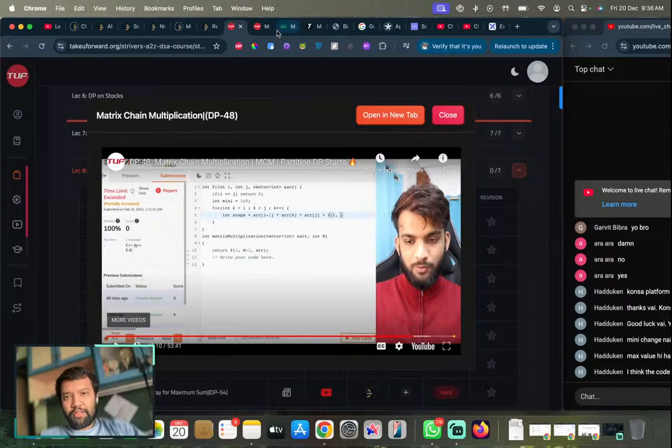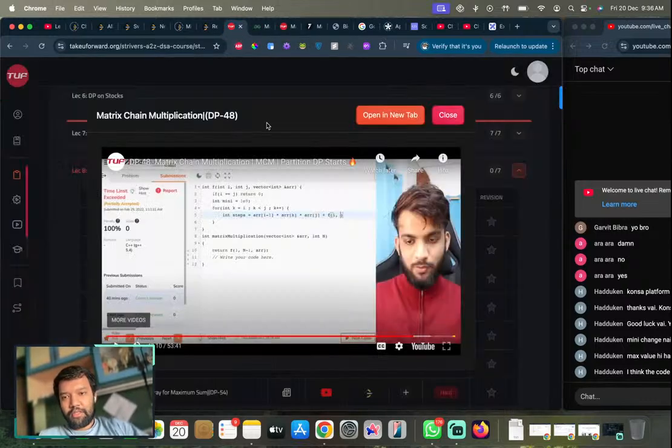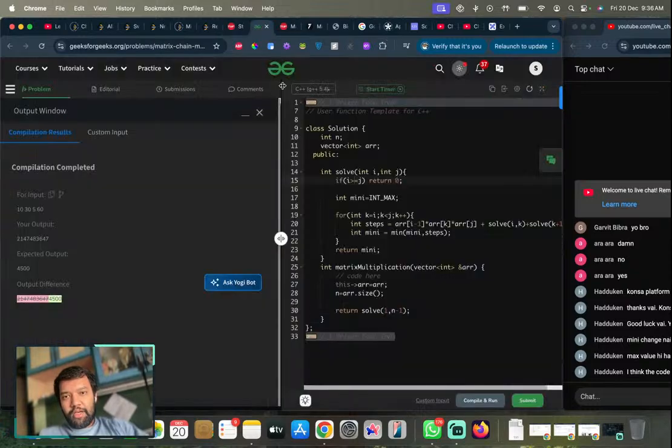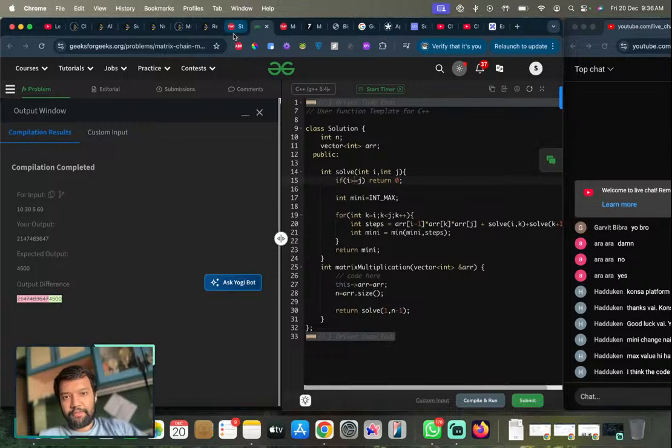Let's just see. I, J, vector I have here. This dot array is equals to array, which is correct. And n is equals to array dot size, which is correct. I don't need n though.